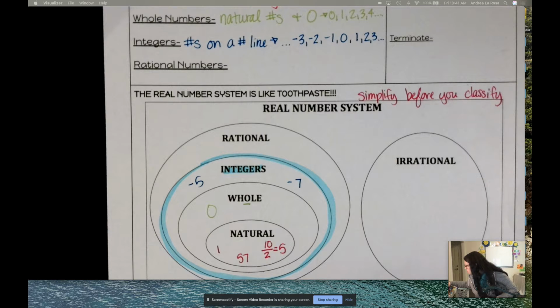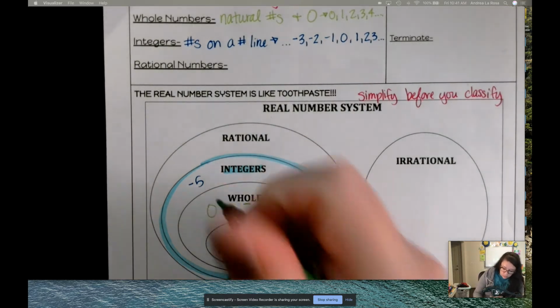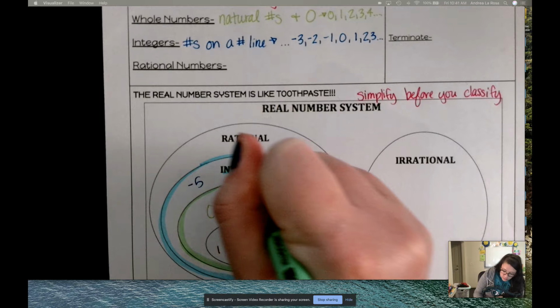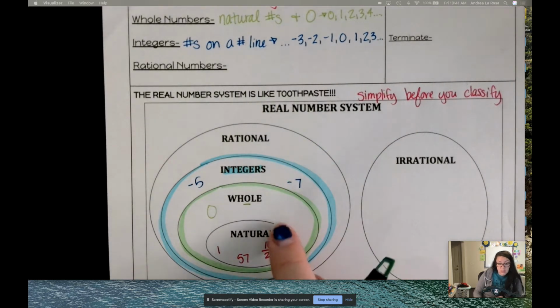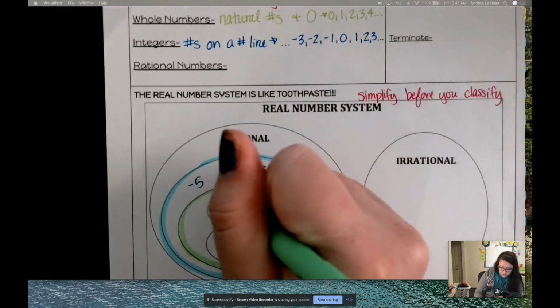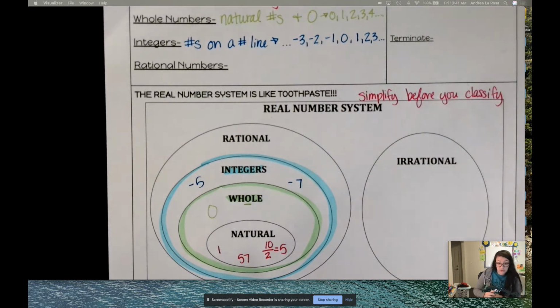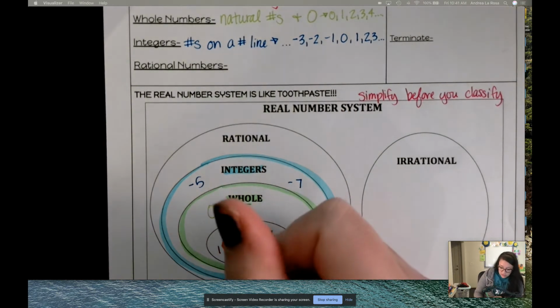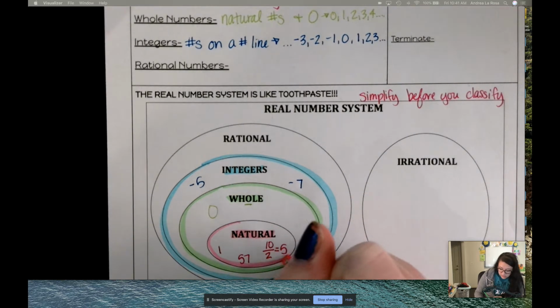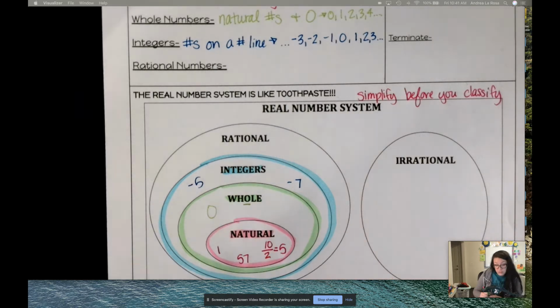Let me do the same for the other ones. Again, whole numbers include my natural numbers because the natural numbers are inside that green, that whole circle. Natural numbers, again, these are the very basics. If it's not one of those counting numbers, 1, 2, 3, 4, 5, 6, so on and so on, it's not natural.